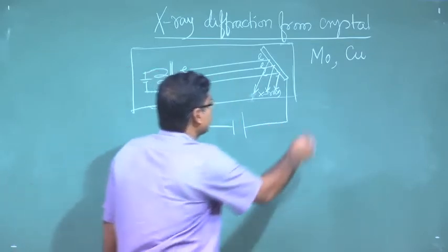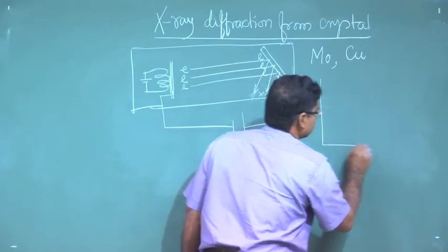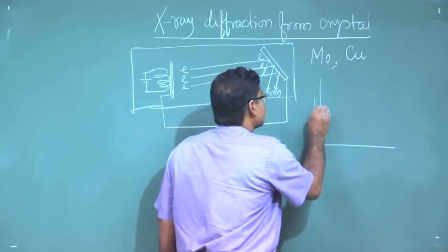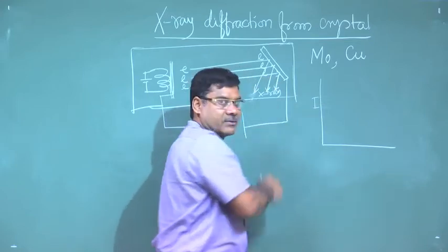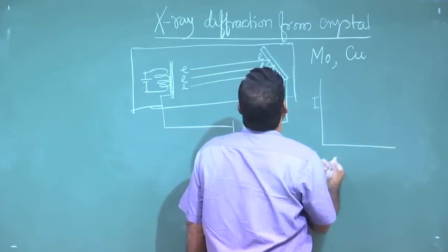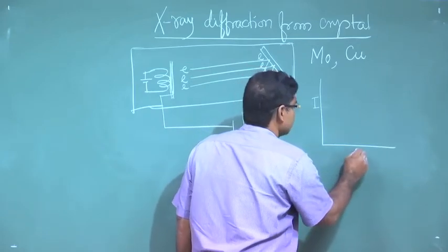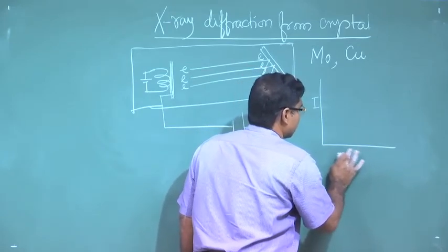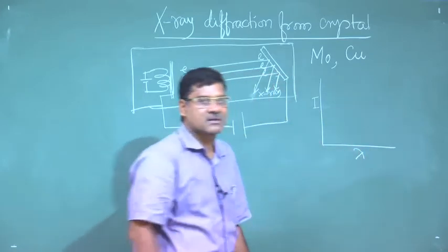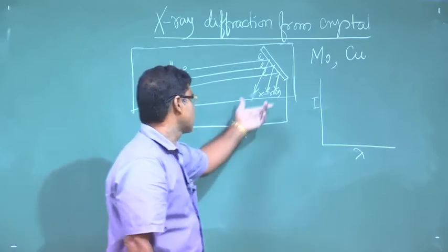So, if I draw the intensity of X-ray, whatever is coming out, the intensity of this X-ray versus the wavelength of this X-ray.